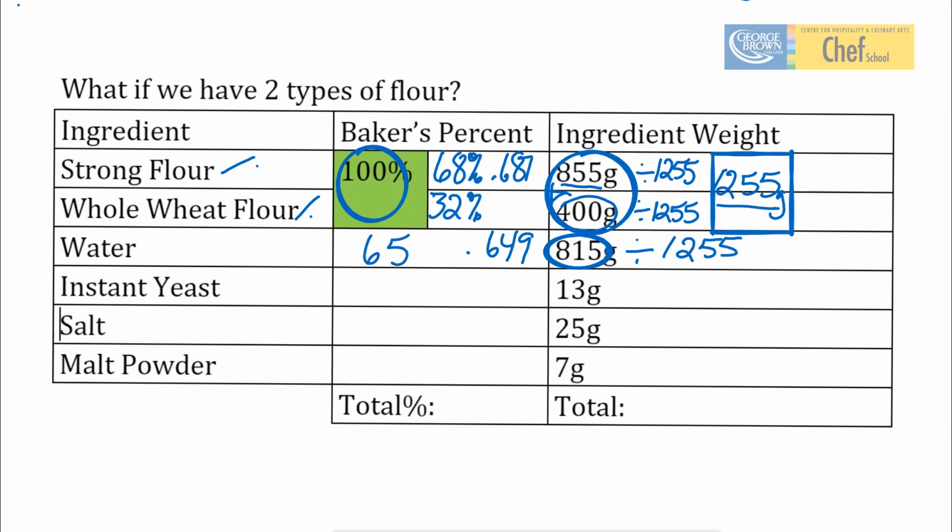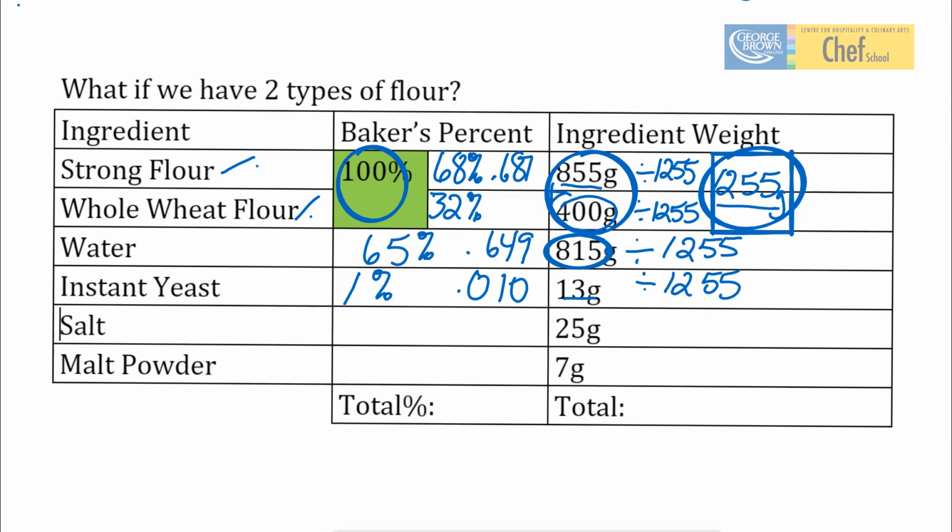Same thing with our yeast, 13 grams of yeast divided by our total flour weight, 1,255. That gives us a figure of 0.010, or we'll just say 1%. Put my percent symbol in there.